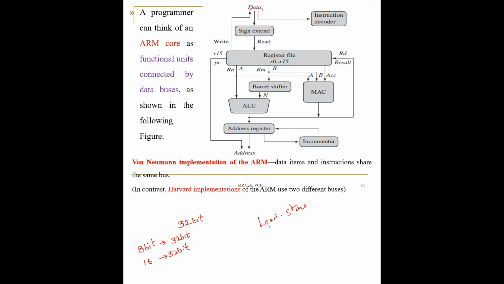What does this mean? It means that it has two instruction types for transferring data in and out of the processor. Load instructions copy the data from the memory to the registers in the core, and conversely, the store instructions copy the data from the registers to the memory.